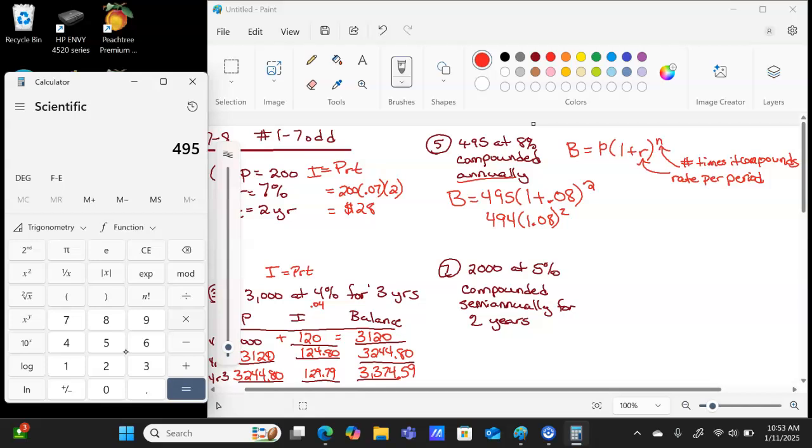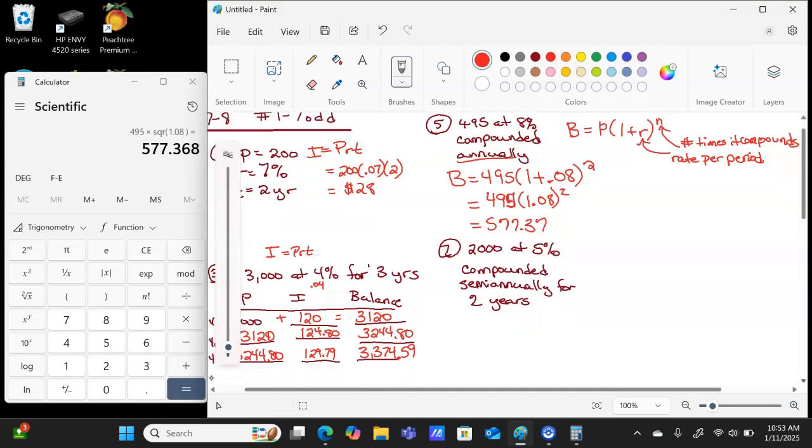I have an x squared button on my calculator, so I'm just going to use that. And it squared it. Yours is going to show it a little differently. I wrote that, that's a 5. I get $577.37.